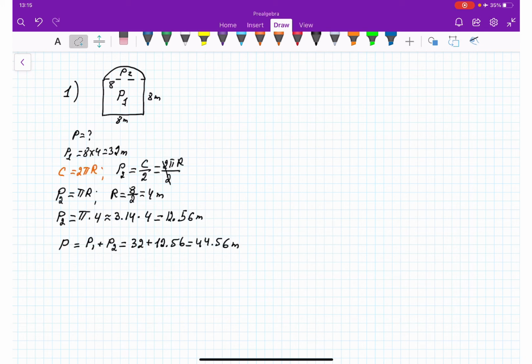Question number 2. All right, we have this type of geometrical figure.